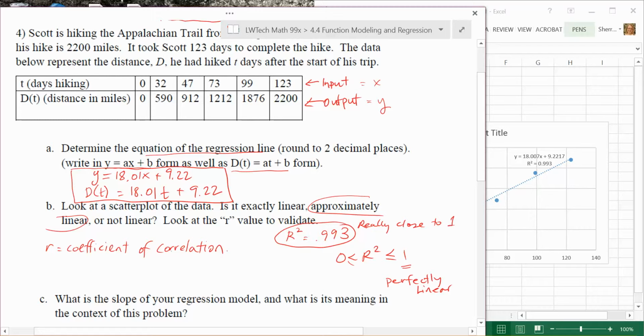So since my r value is close to 1, I can trust my data fairly well. And the data points are approximately linear as we go through here. The farther away you are from 1, the worse it is. I tend to use a grades analogy.